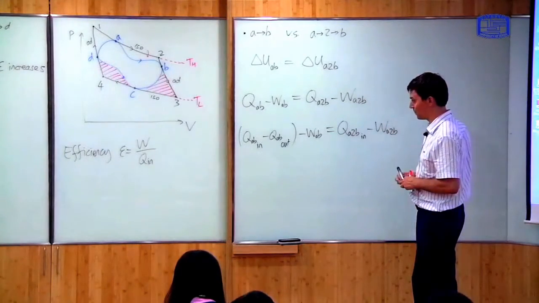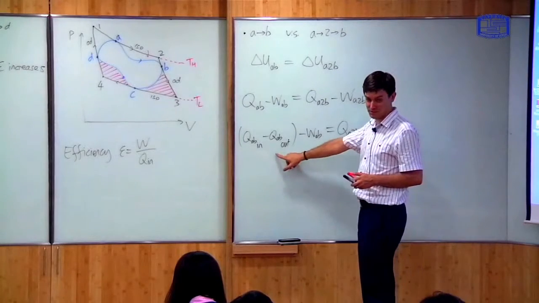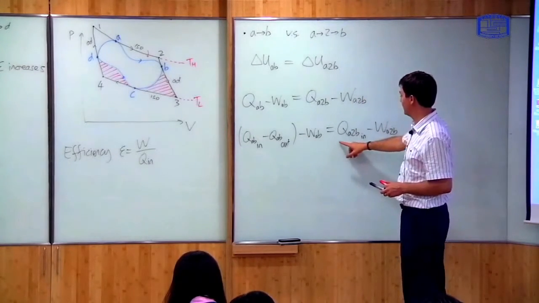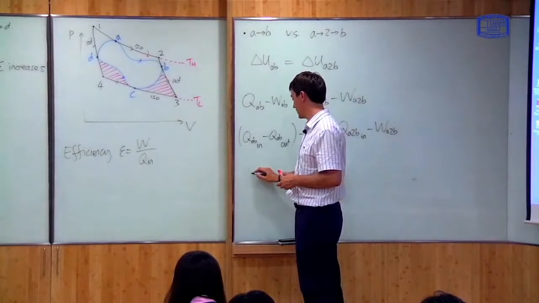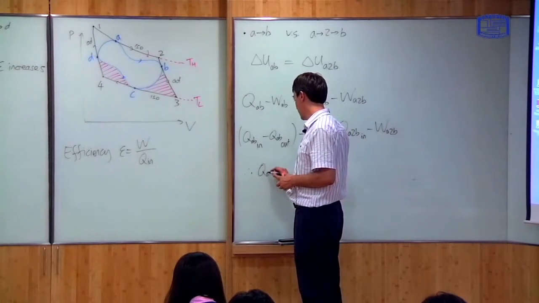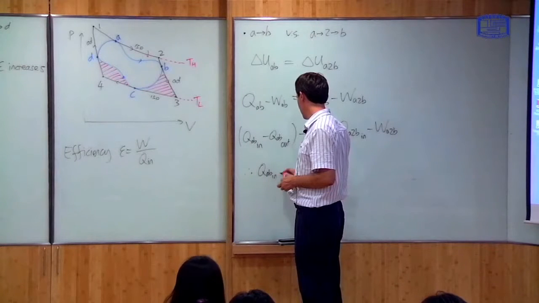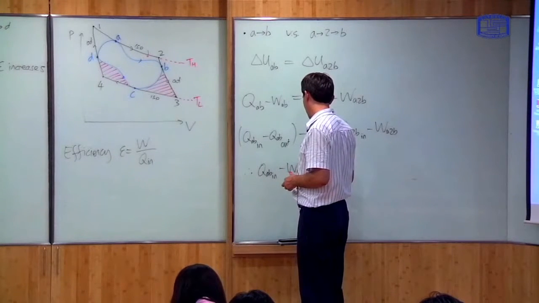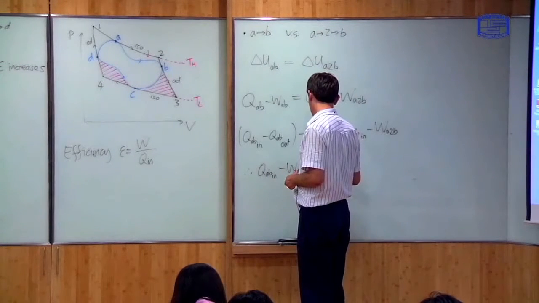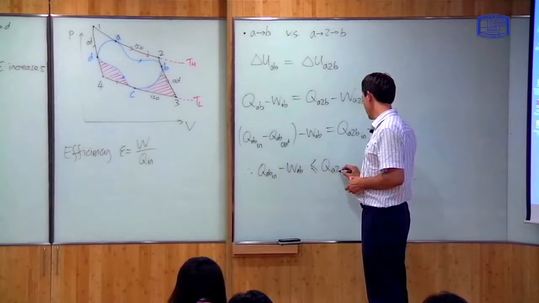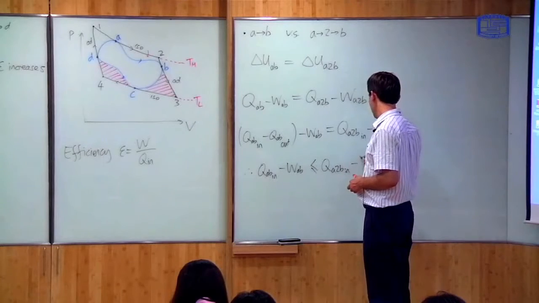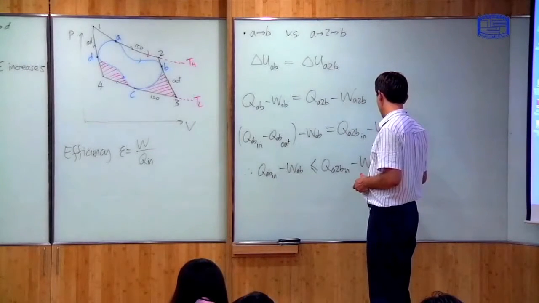But this is something positive, so therefore this difference, I can write it in the following way. QAB in minus WAB must be less than or equal to QA2B in minus WA2B.